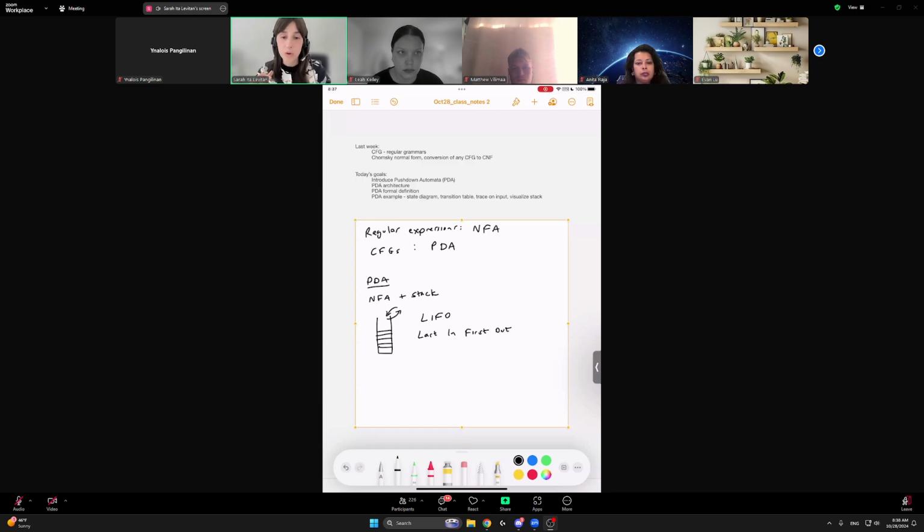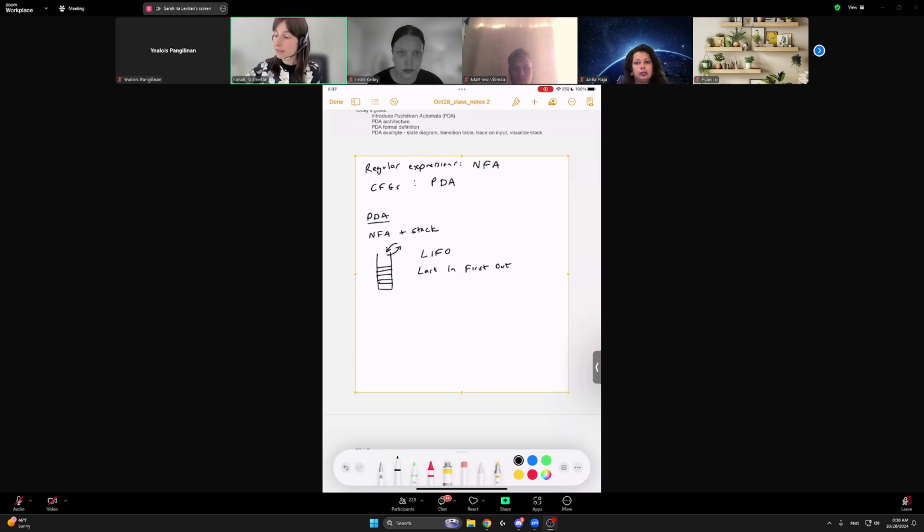And so an NFA is limited, right? Because it doesn't have this type of memory. So we can draw an NFA. Here we have an abstraction of an NFA, and the NFA can process input.